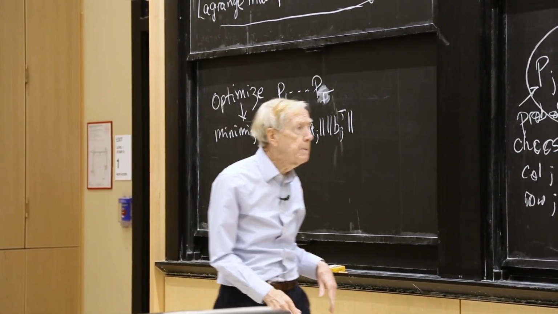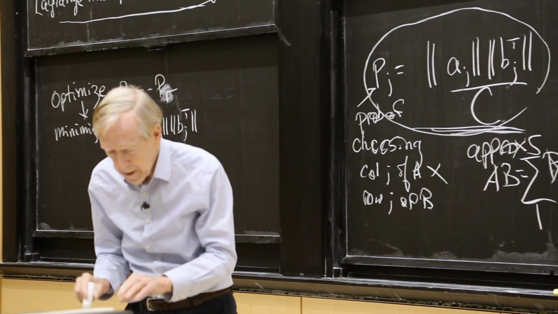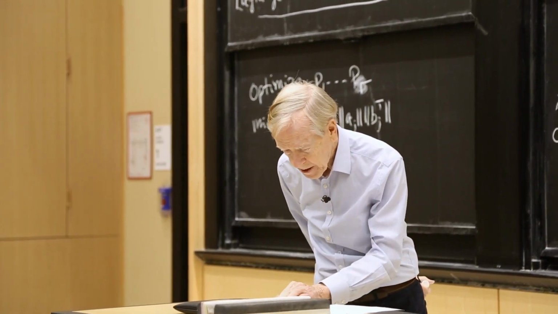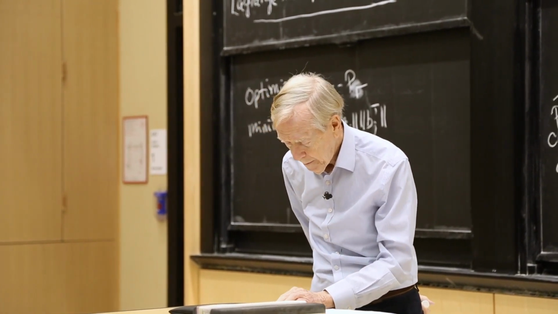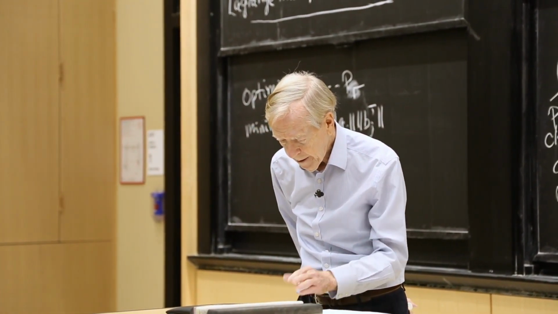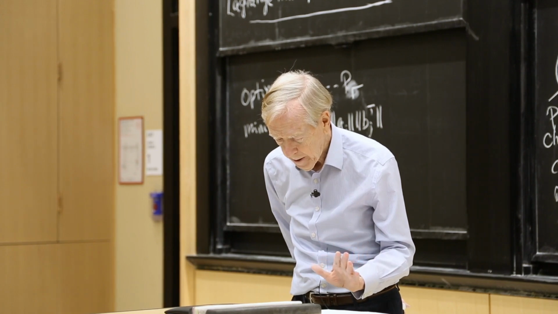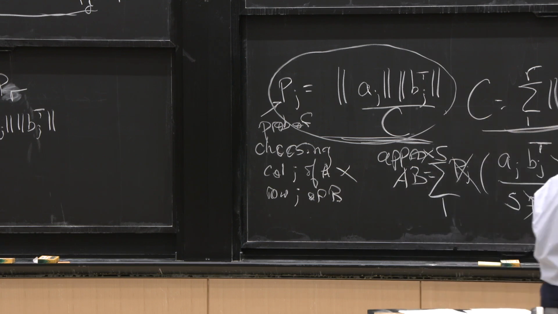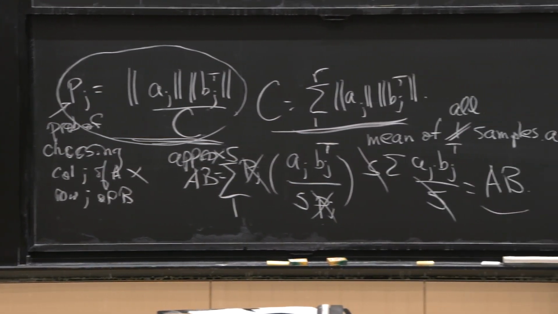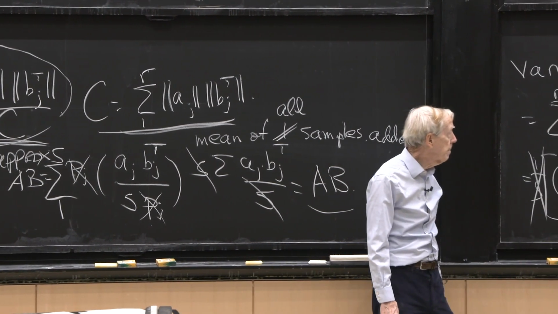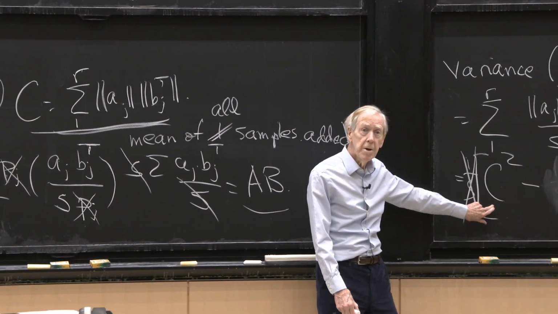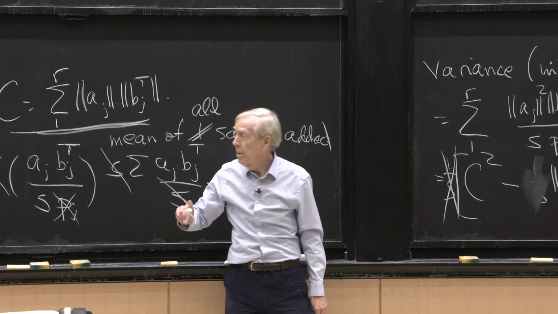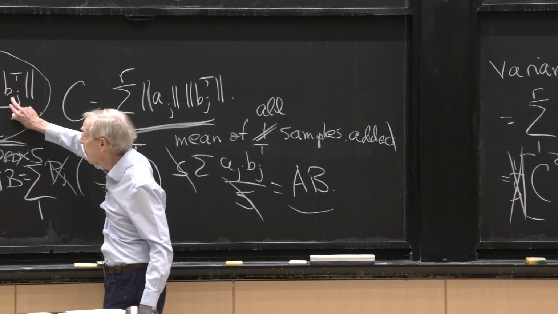Oh, wait a minute. Let me just see. Yeah, my variance has got a PJ in it. This is my variance. This is the result if I make the right choice, if I make this choice for the probabilities.